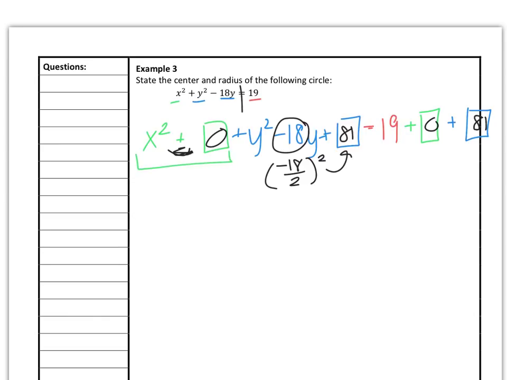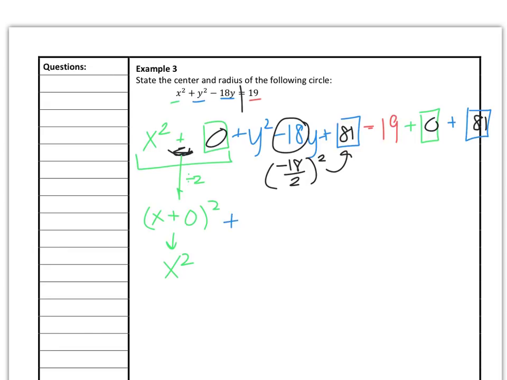So now with this part, this is a little weird, right? You're thinking okay, I've got parentheses squared, x, and some number. Well, take that number, cut it in half. Wait a second. There's nothing there. So really, it's a plus 0. Or in other words, just x squared. It doesn't matter to me how you write it. If you write plus 0, it might help you out in the end. But they all mean the same thing, right? I'm adding nothing to x squared, so really it's just x squared.